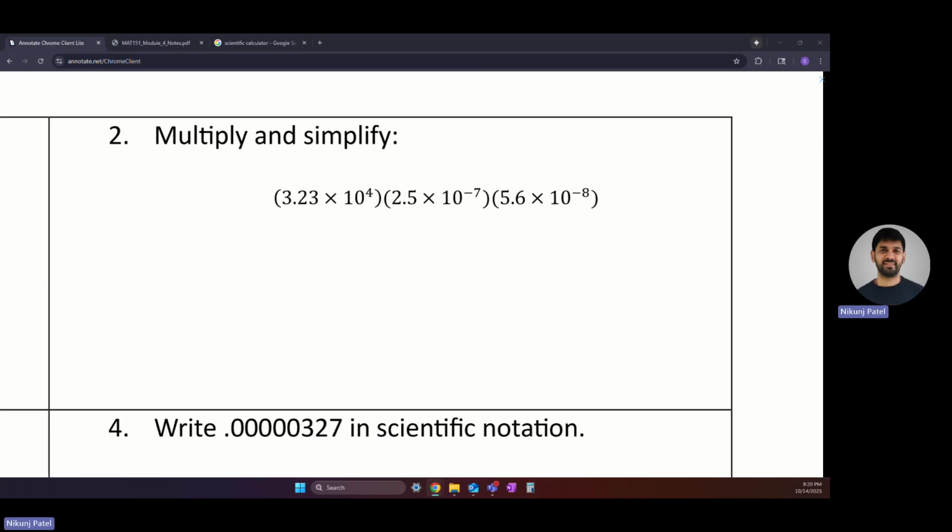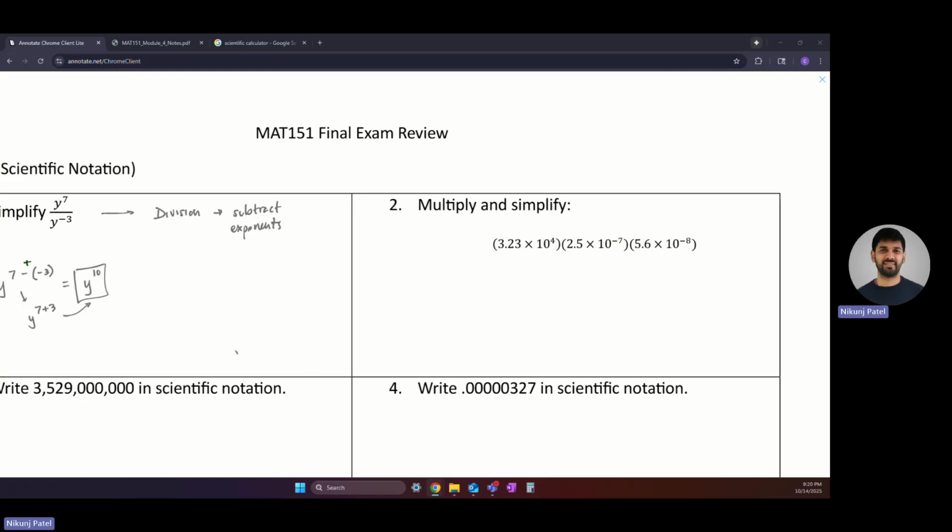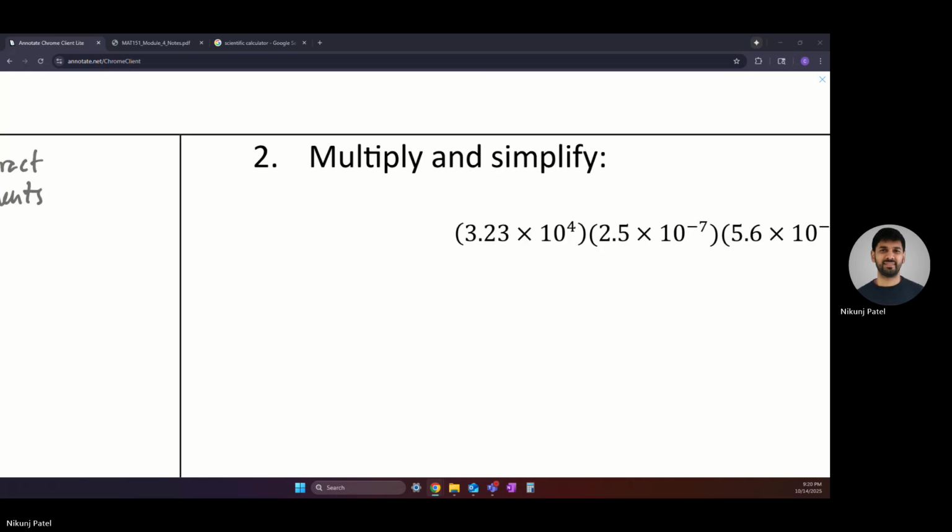Whenever we multiply, there was also a different rule. Since we subtracted exponents when there was division, if there's multiplication, then we're going to add the exponents instead of subtracting. So next to multiplication, I'll put that we need to add the exponents.